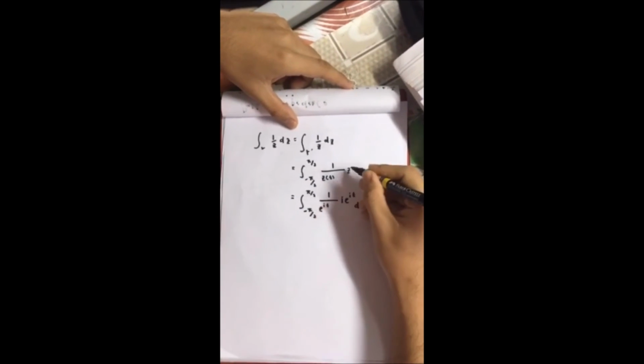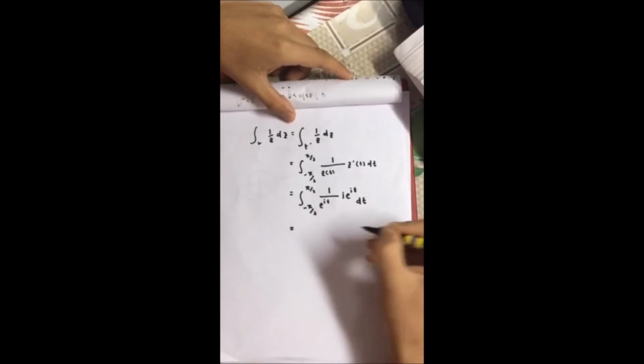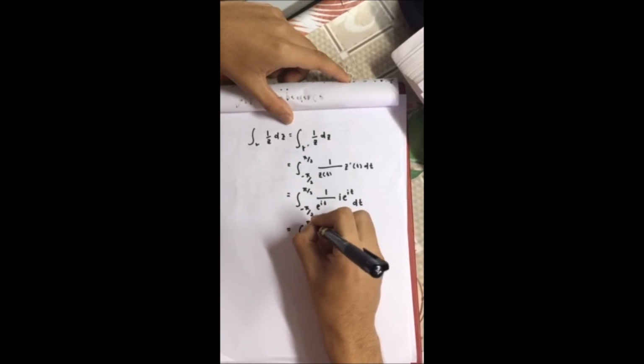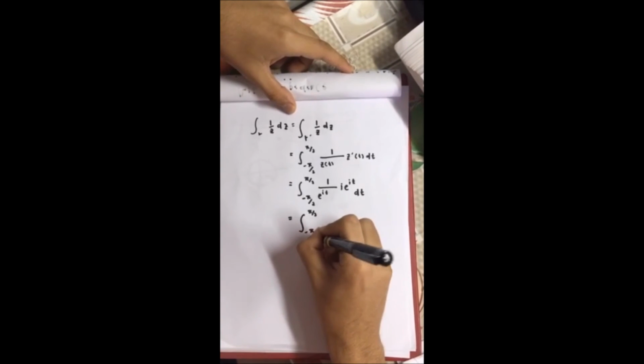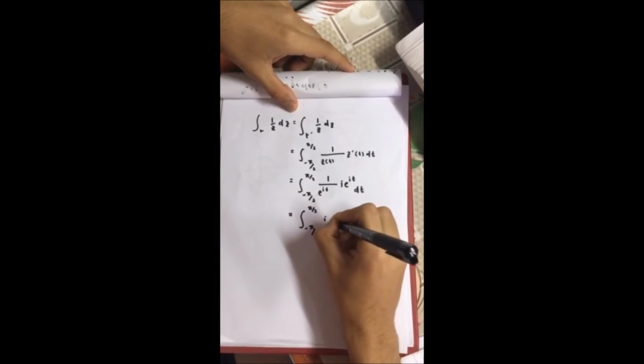Integrate this, equal to the integral from negative pi over 2 to pi over 2 of i dt.